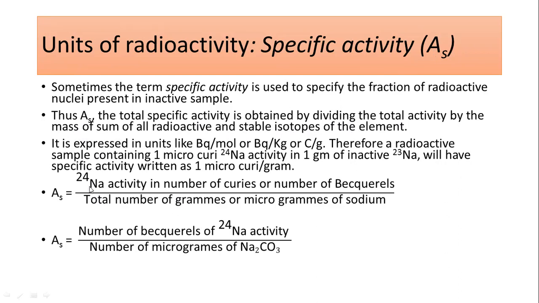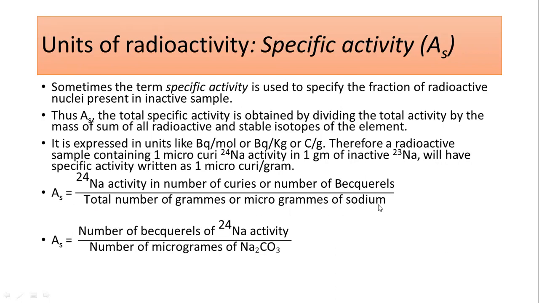Let's suppose you want to measure the sodium activity in number of curies or becquerel, depending on whatever unit you are going to use. Here the important thing is the total number of grams, or micrograms or nanograms, whatever it is, the total amount of the sodium.